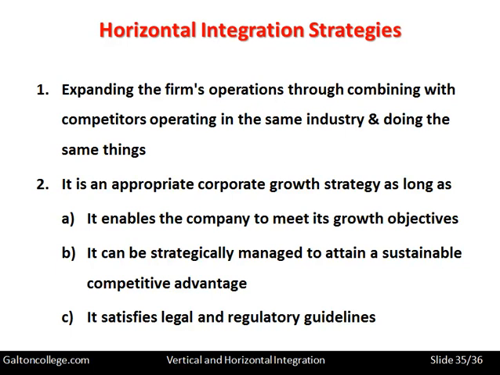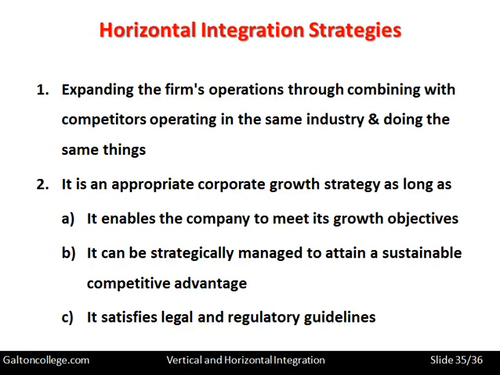And then we've got horizontal integration, where the business collaborates with other companies at the same level. These companies are producing products which are perhaps in competition, or it could be that they're not producing products in competition, they are simply using the same technologies, and they are agreeing to produce each other's products because they have more suitable technologies.